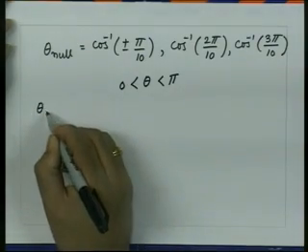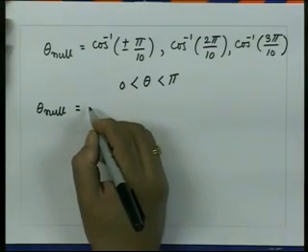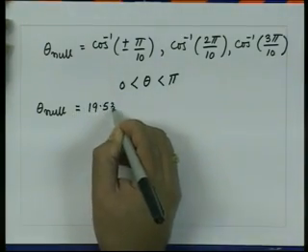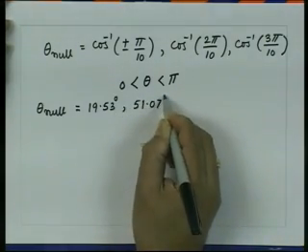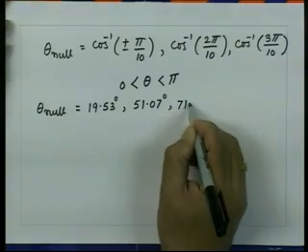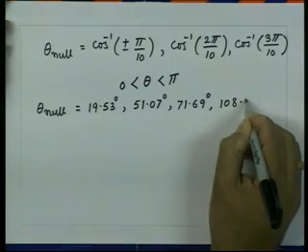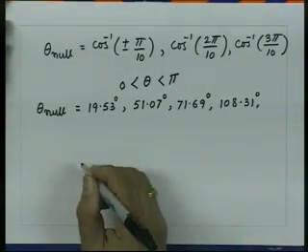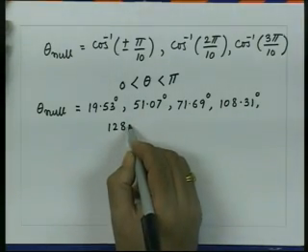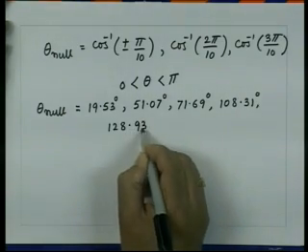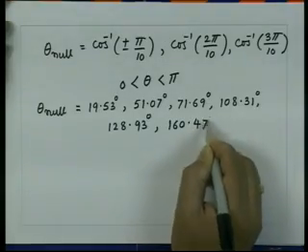So we get theta nulls equal to 19.53 degrees, 51.07 degrees, 71.69 degrees, 108.31 degrees, 128.93 degrees and 160.47 degrees.